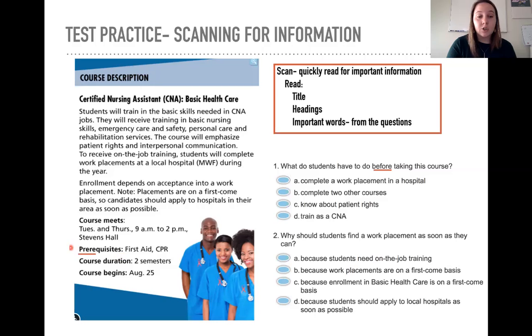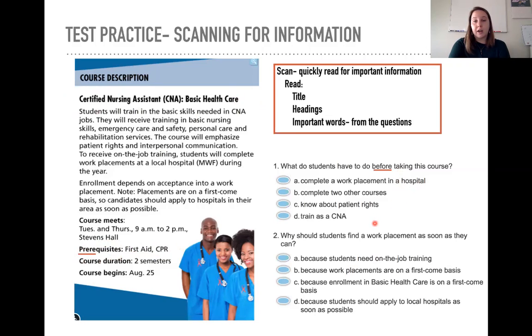So we see there are two prerequisites, first aid and CPR. So those are two classes or two courses that students have to take before taking this course. We see that these are things that students have to do before taking the course.